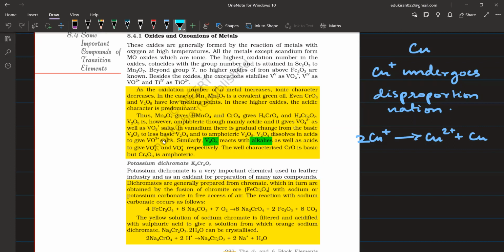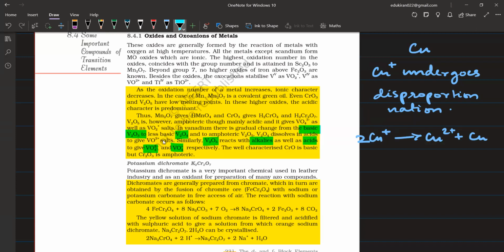V2O5 reacts with alkalis as well as acids to give VO4 3 negative and VO4 positive. V2O5 is amphoteric. In vanadium there is a gradual change from the basic to less basic V2O5. It's however amphoteric.